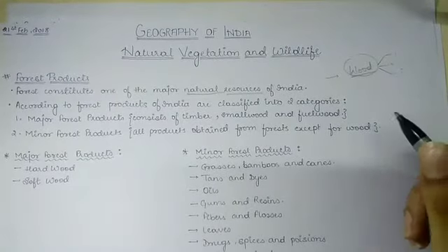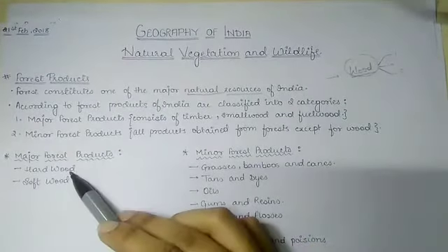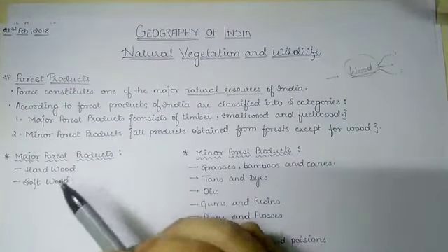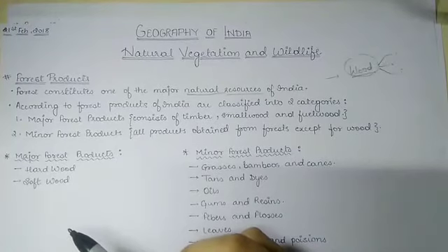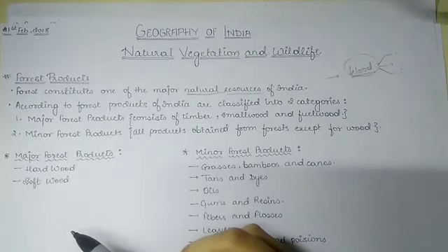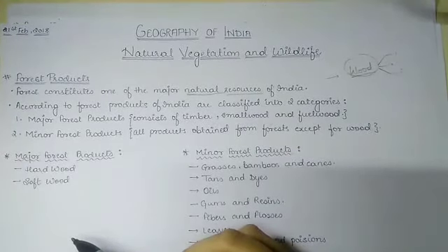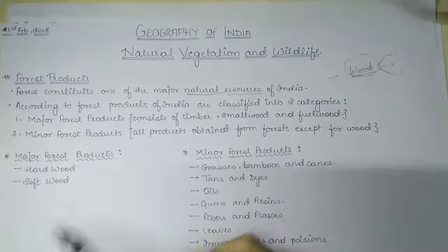Indian forests give us both hardwood and softwood. In hardwood, we have species such as teak, mahogany, logwood, ironwood, ebony, sal, greenheart. Then we have kikar, etc.